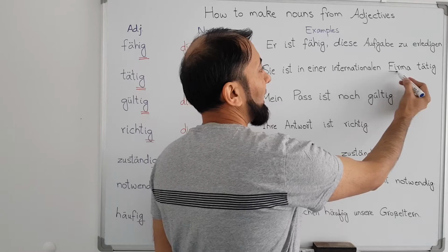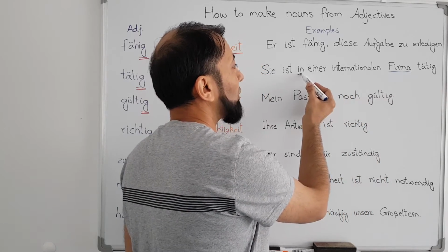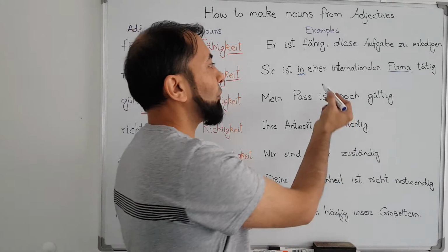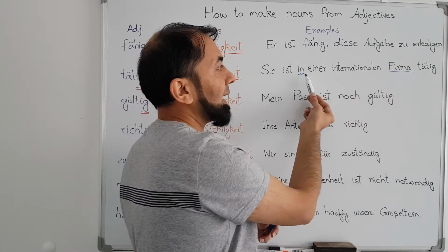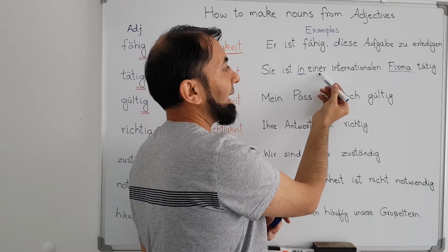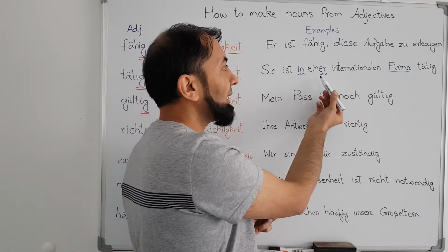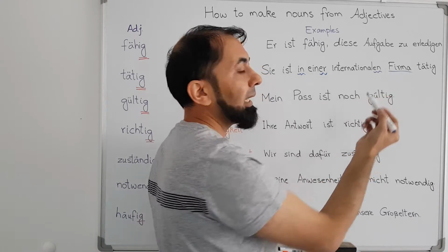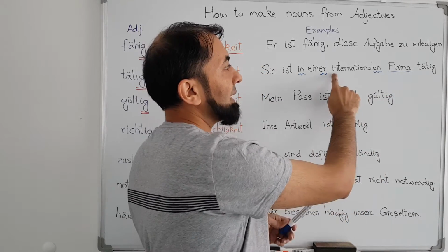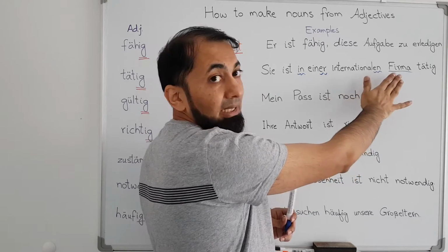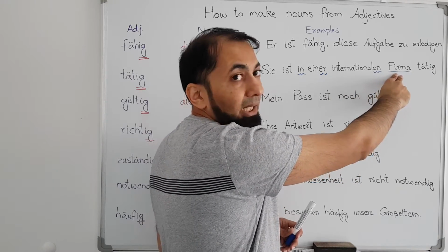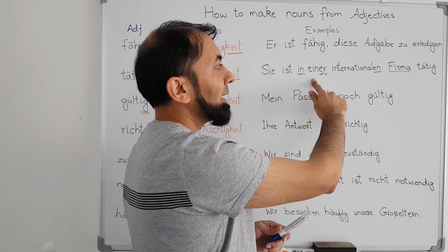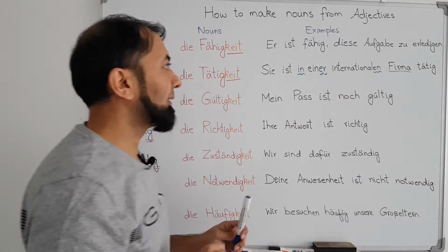Firma is a feminine noun, and because it is in the dative case, for a feminine noun in dative case we have to add an r at the end of the indefinite article, and we have to add an en at the end of the adjective. The adjective here is international, but since Firma is a feminine noun and we are using a dative preposition here, we have to add this ending.